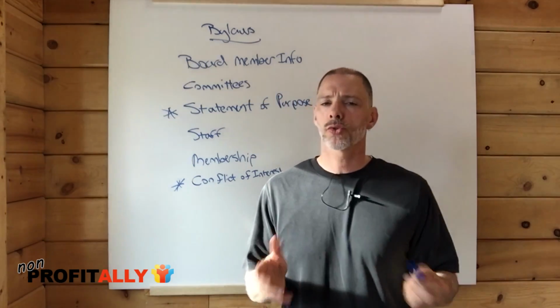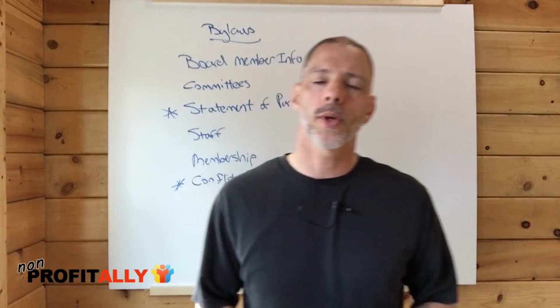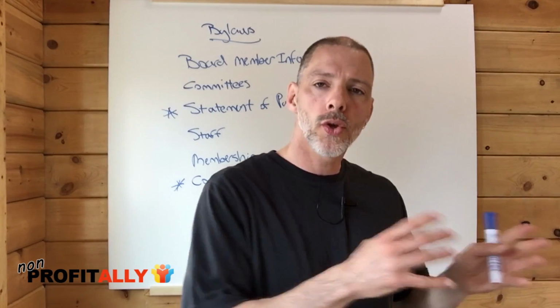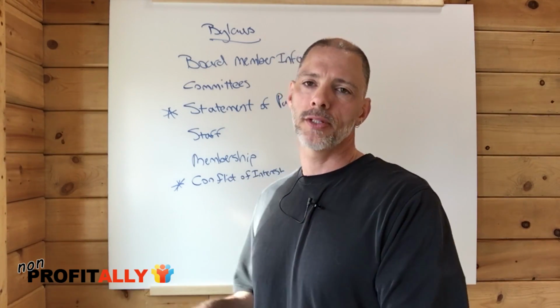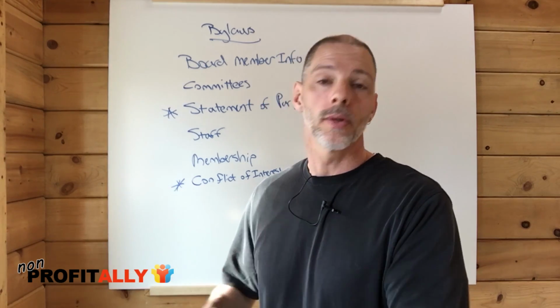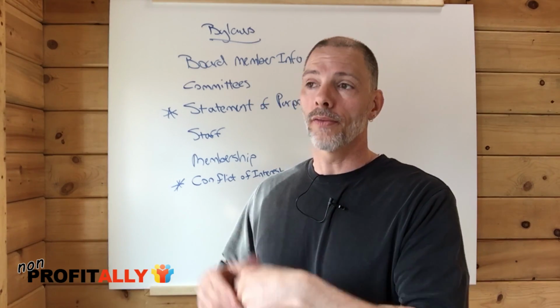It's not because they're scrutinizing or they don't trust you, but they just want to be assured that what you're doing with your nonprofit is not set up to benefit a specific group of people, relatives or friends.